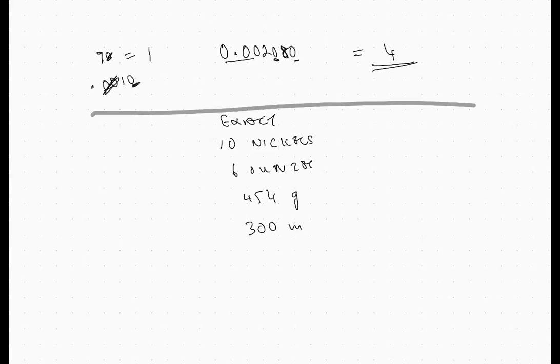You don't use an instrument; these are counted numbers. When it comes to ounces, grams, 300 meters, you need some measurements, right? But with 10 nickels, you just count 1, 2, 3. You count with the hand. You don't have to estimate; you just count it. That is what an exact number means. So here the exact number falls into this category.